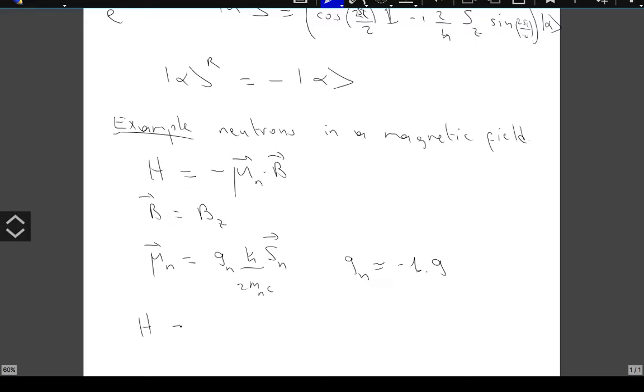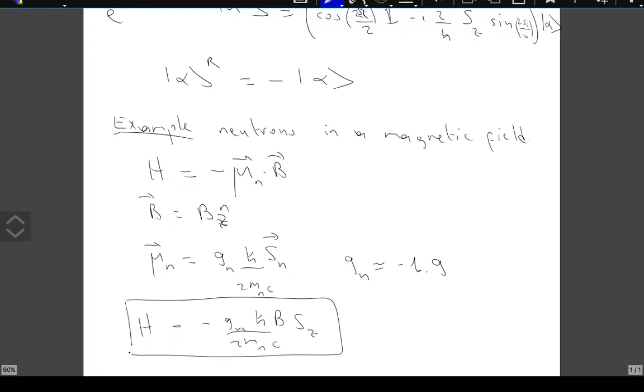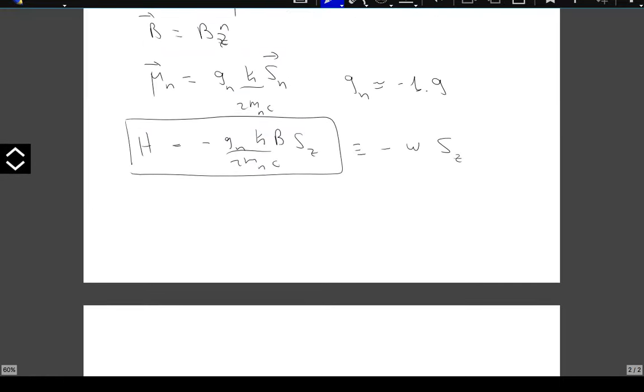So we know the Hamiltonian. Sz times B. Let me just write this as minus omega Sz. Mu n is the magnetic dipole moment, and H is the Hamiltonian.